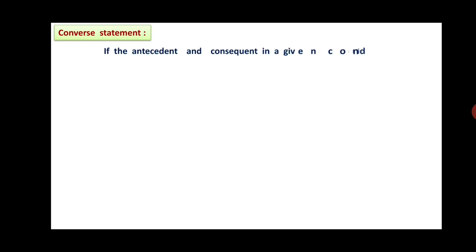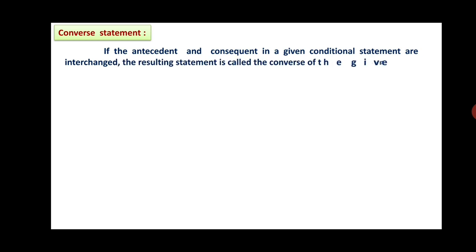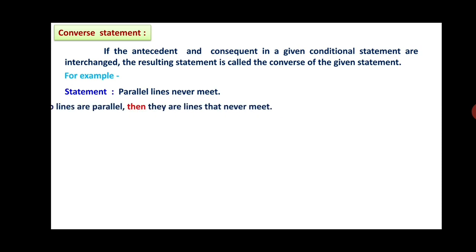Friends, we will see the next, the converse statement. What does it mean? If the antecedent and consequent in a given conditional statement are interchanged, the resulting statement is called the converse of the given statement. For example, if the statement is: parallel lines never meet, the conditional statement of this will be: if two lines are parallel, then they are lines that never meet.